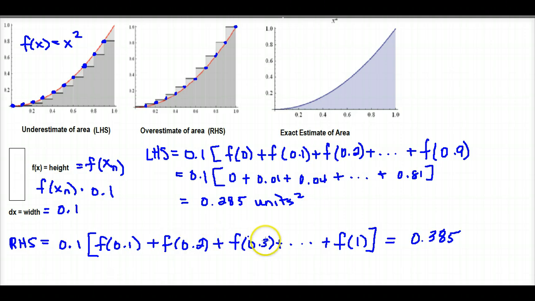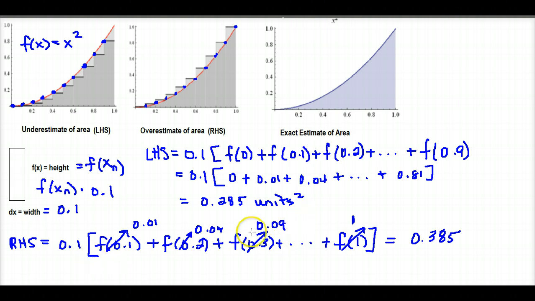Now, just to give you an idea, we already know what these values are. We know f of 0.1 is 0.01, f of 0.2 is 0.04, f of 0.3 is 0.09, and of course, f of 1 would just be 1 because 1 squared is 1.